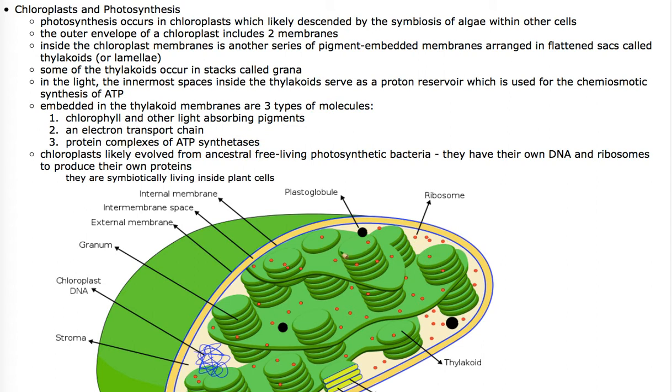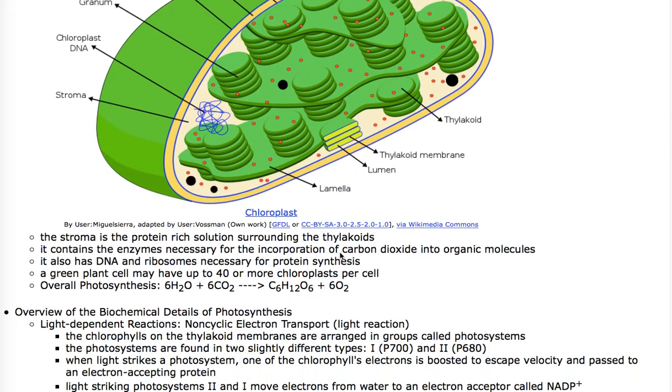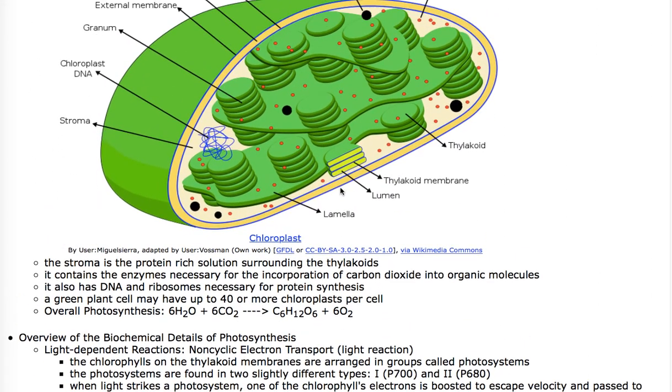So now the next thing we do is we go down and we talk briefly about these regions, the stroma and the thylakoids again. The stroma is the protein-rich fluid. That's this peach area that's around the thylakoids, but inside the double membrane. The stroma has the enzymes necessary to basically bond carbon dioxide into organic molecules. That's called carbon fixation.